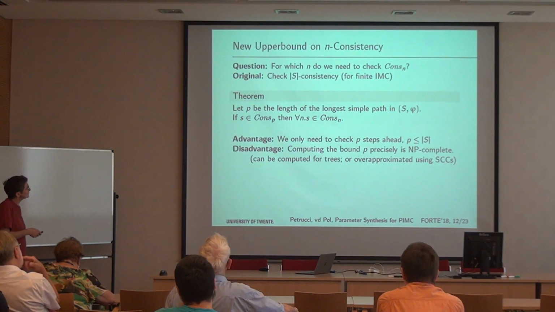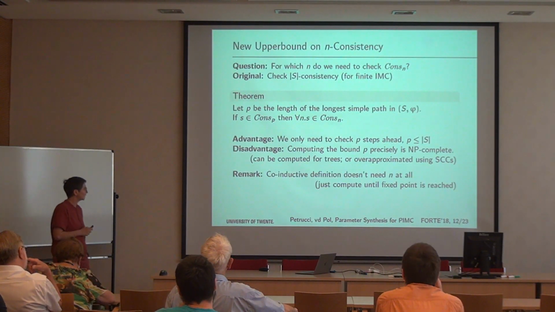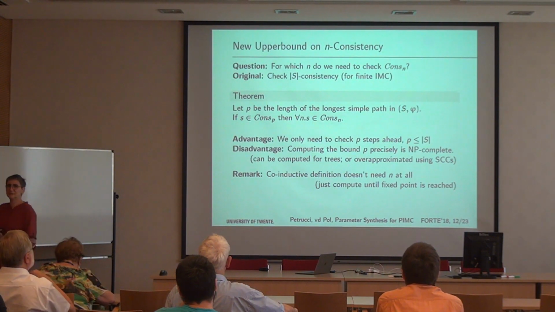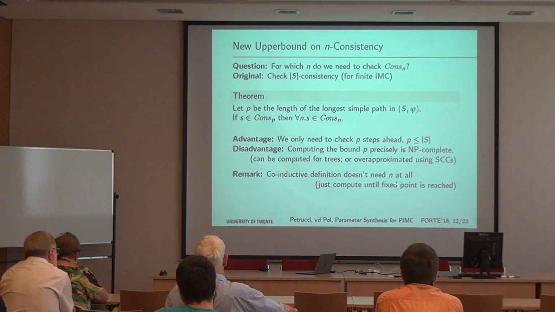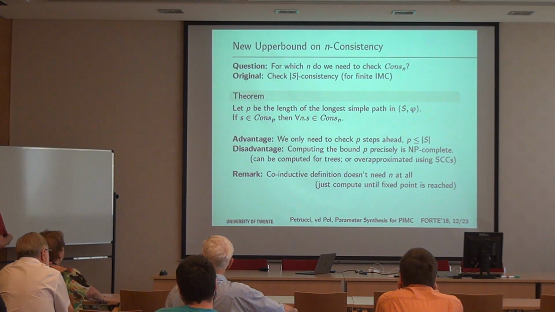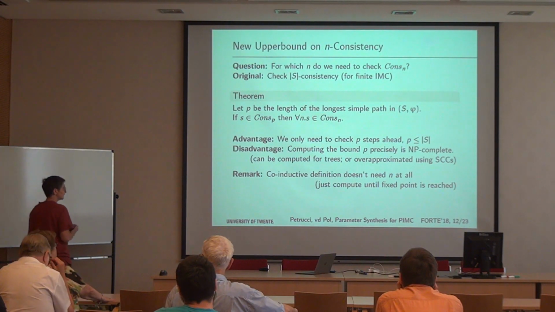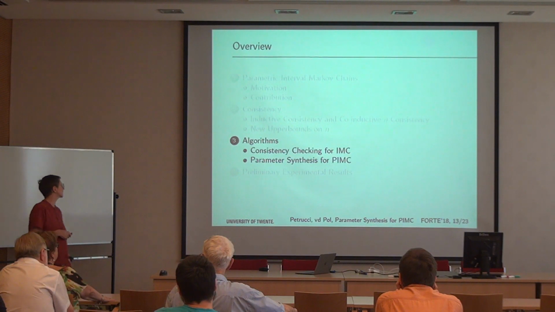So even though we can't compute it precisely, we can have some better bound than the number of states. The other definition of consistency, the co-inductive one, doesn't need this n at all, because we do the computation until the fixed point is reached.